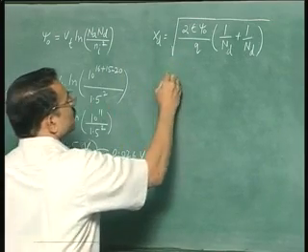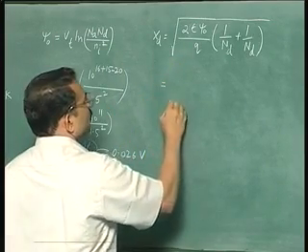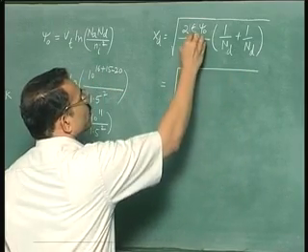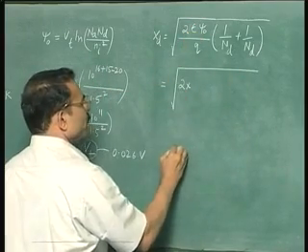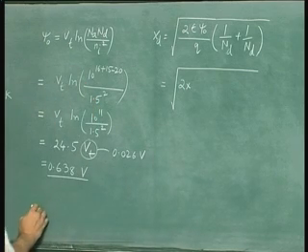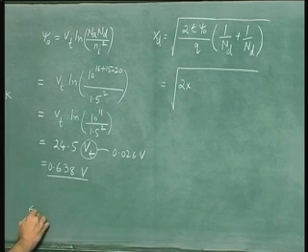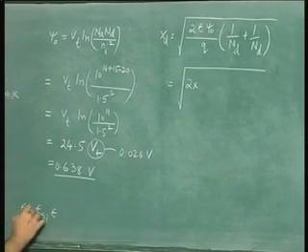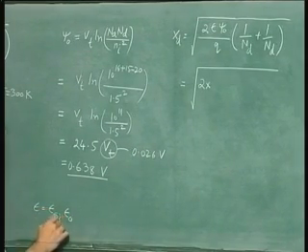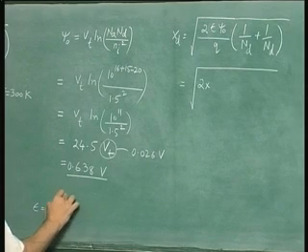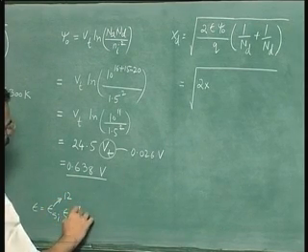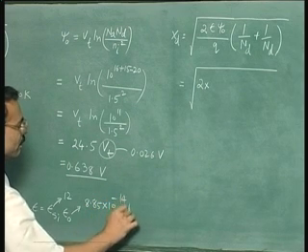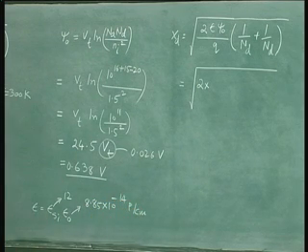Now the depletion width. So 2 into epsilon. The epsilon for silicon is epsilon silicon epsilon naught. Dielectric constant of silicon is 12 and this epsilon naught is 8.85 into 10 power minus 14 farad per centimeter.